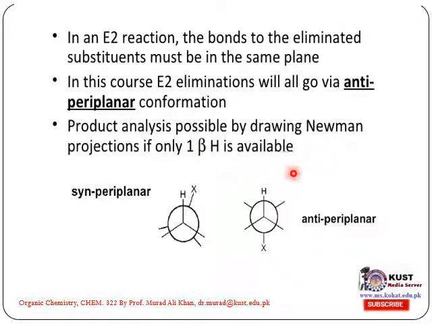If we have the Newman projection, these are the syn-periplanar and these are the anti-periplanar drawings, or rotamers of these compounds. Of any compound, this is a plane; this is syn-periplanar, because both the hydrogen and the leaving group X are in the same plane, while here they are antiperiplanar.